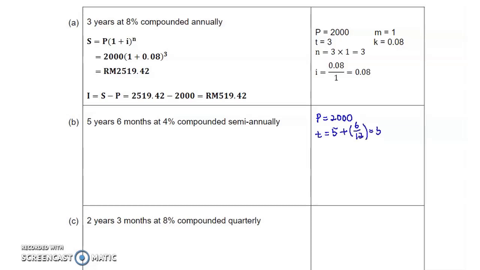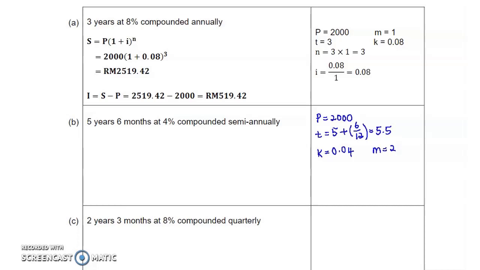So T equal to 5.5 years. At 4% compounded semi-annually. 4% is K, the annual rate. Semi-annually means the interest period, so M equal to 2.